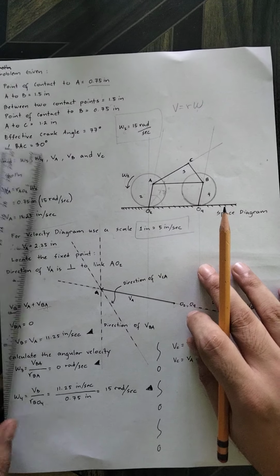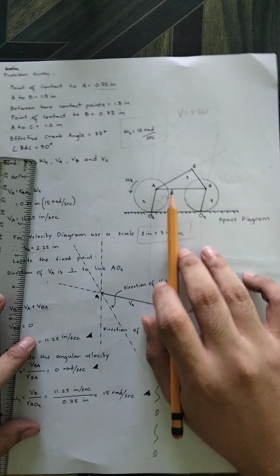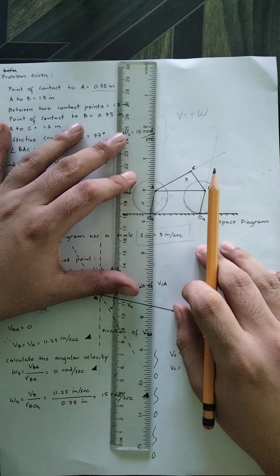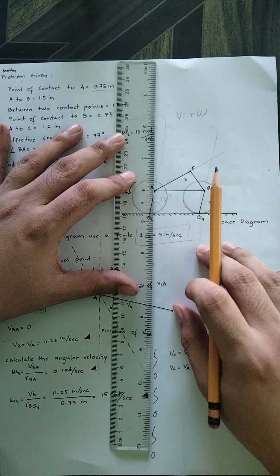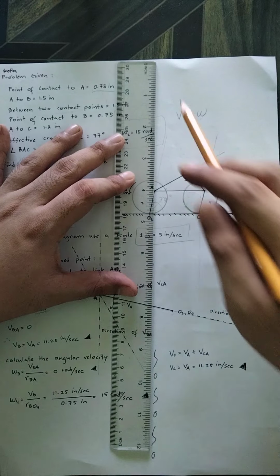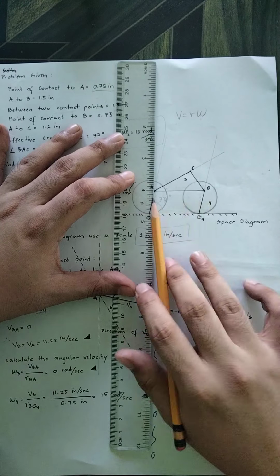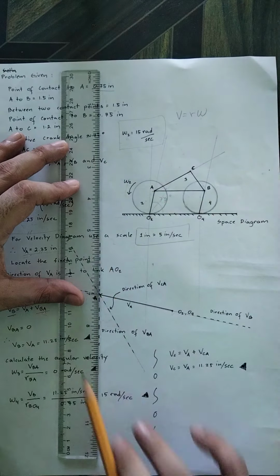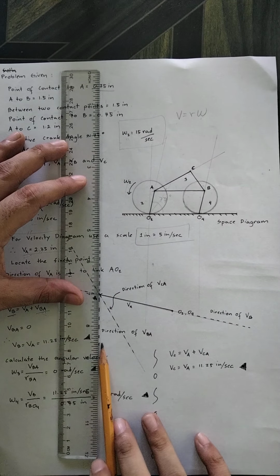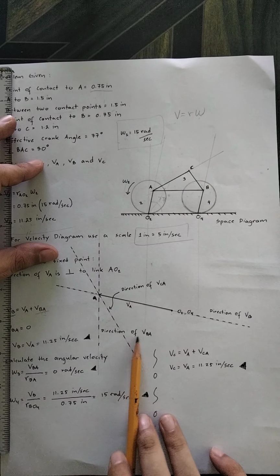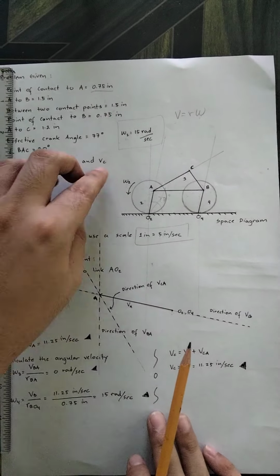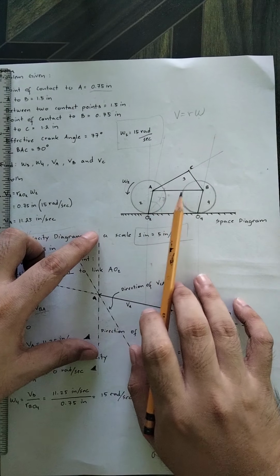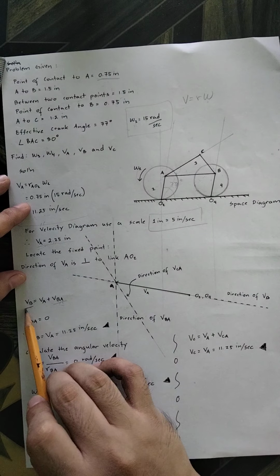Now recall that it is always perpendicular to link AB, which is this. If we draw that, this is the perpendicular line of this link. So this is now the direction of velocity BA, this vertical line here.